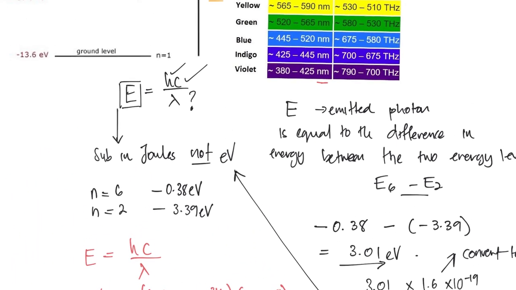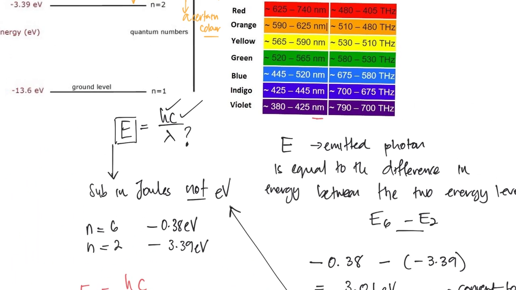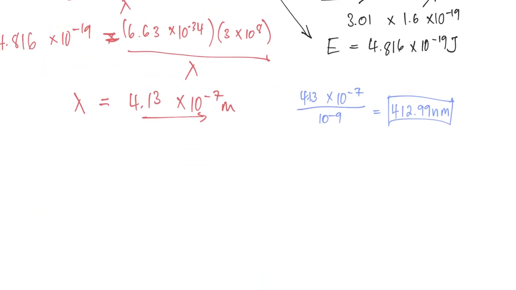And let's see where that falls. If I go up here and I'm looking at the number, let's say 413, just rounding it off, that corresponds to between 380 and 425. So therefore, go back down here.